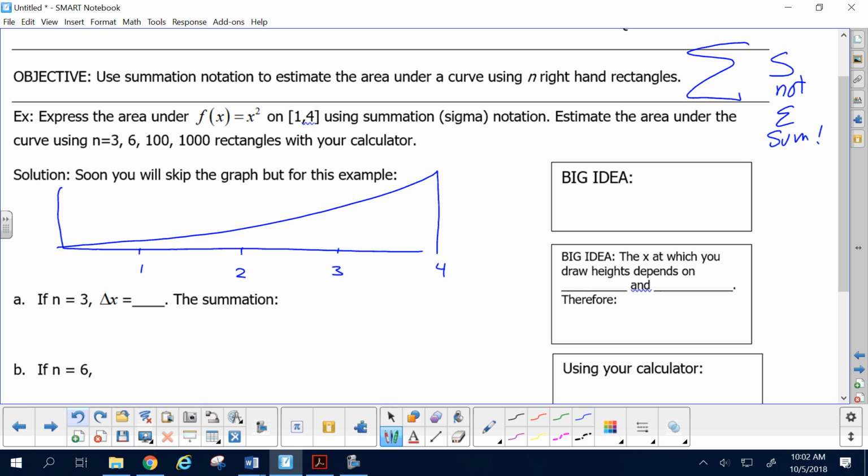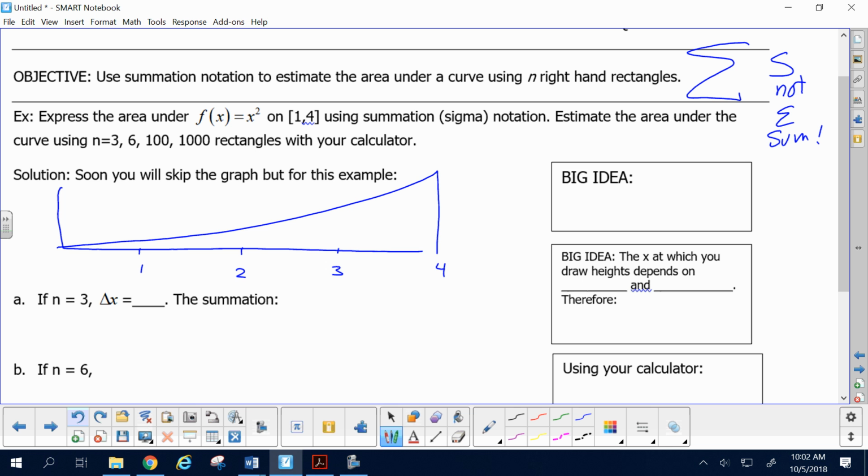Okay. All day long today we're going to be using right rectangles and equal subdivisions. So don't get bogged down in that part.